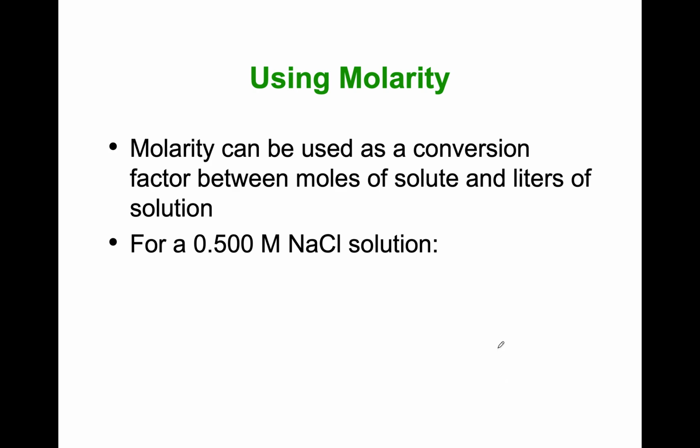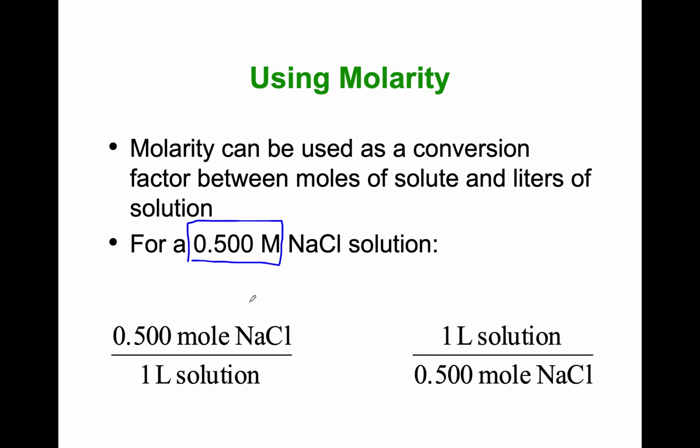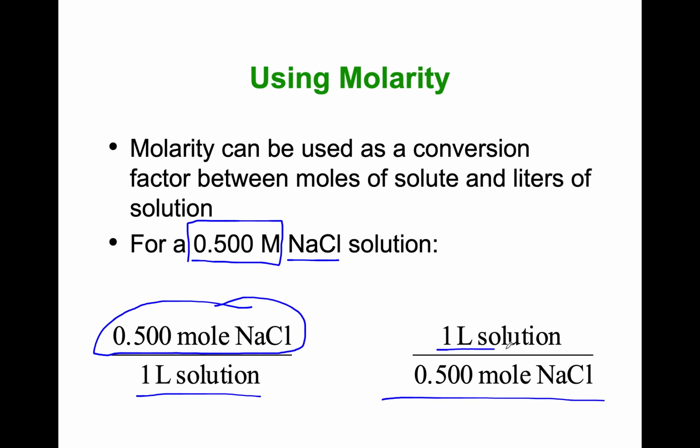Okay, so let's use molarity. Just like mass percent, if we see a capital M, 0.500 capital M, I tell this to my Chem 200 and Chem 201 classes, don't let that confuse you. Rewrite it right away. That's 0.5 moles of sodium chloride, and that's 1 liter on the bottom. So write it out: 0.5 moles sodium chloride on top, 1 liter on the bottom.